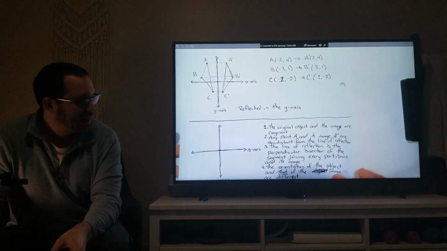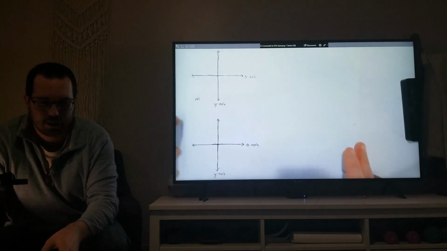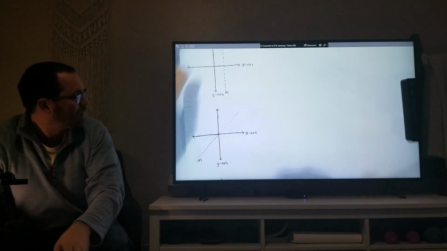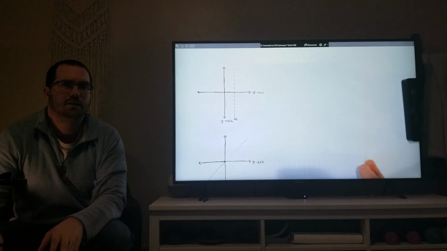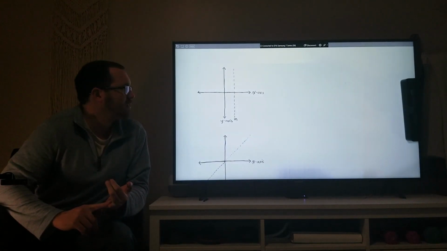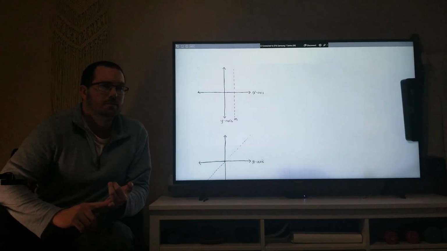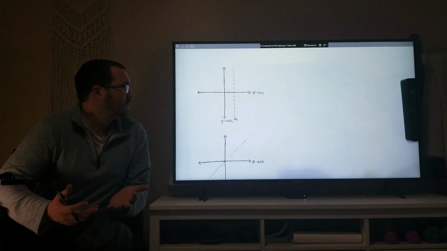Let's take a look at 2 more examples as we try to understand how reflection works. Now, previously we took a look at an example where we reflected in the x-axis or in the y-axis. But sometimes those are not our mirror lines. Sometimes our mirror lines are in other spots.